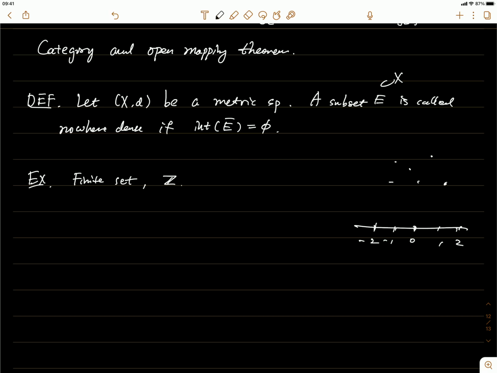The reason is, remember the Cantor set: you have 0 to 1 and you take out the middle third, and for the remaining two intervals you take out the middle third again.